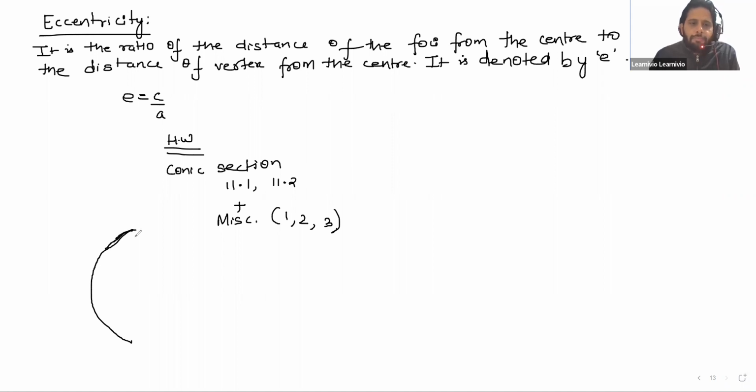In a bike, the mirror is in the shape of a parabola and the focus is this. Or you can say concave and convex types of lenses. If every ray is incident on this, it will reflect and collect at the focus. So parabolic reflectors are used in automobiles, in your bikes.